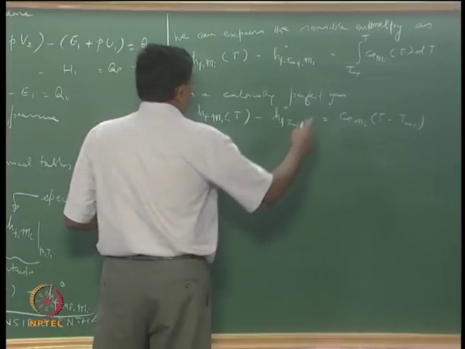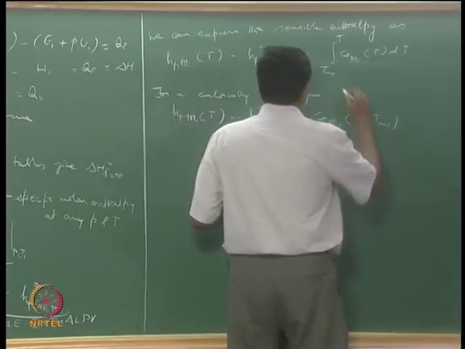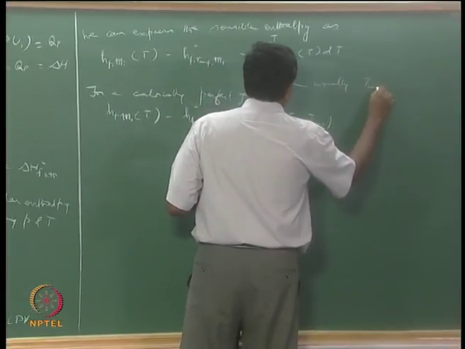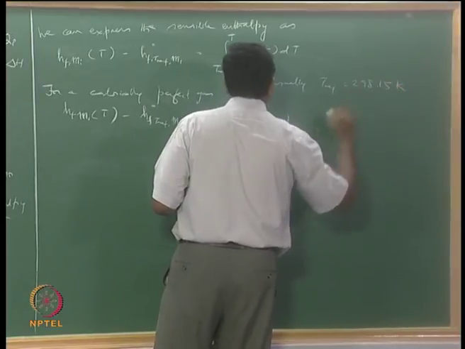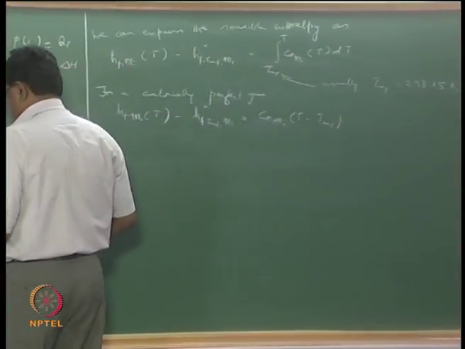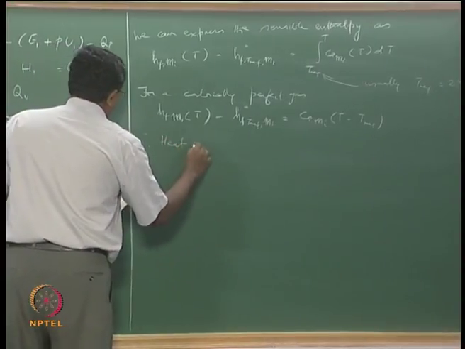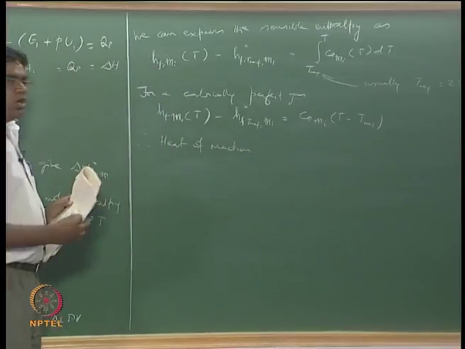Usually we are saying T_ref is 298.15 K, if you want 2 decimal places accuracy on the temperature there. So therefore heat of a reaction, this is any reaction that we are now looking at.